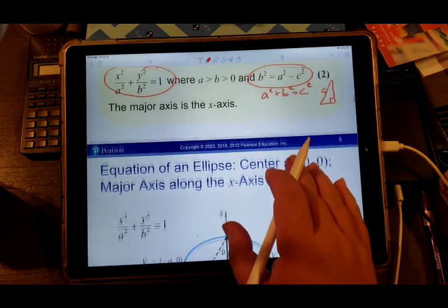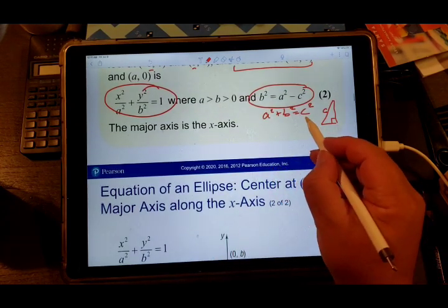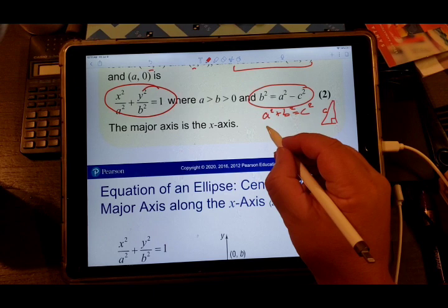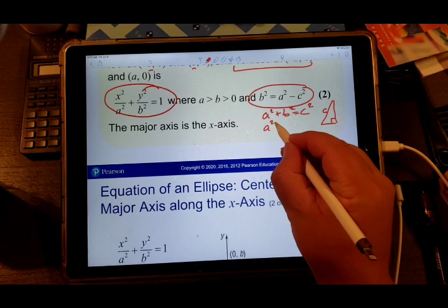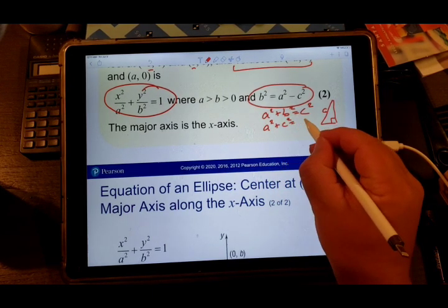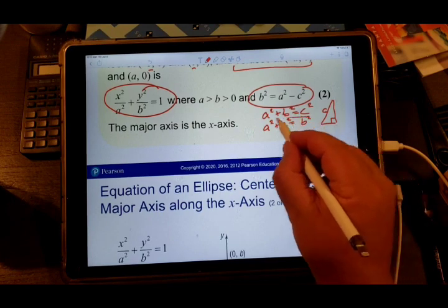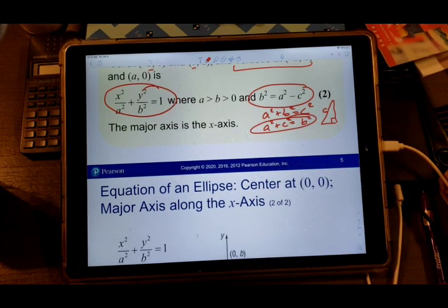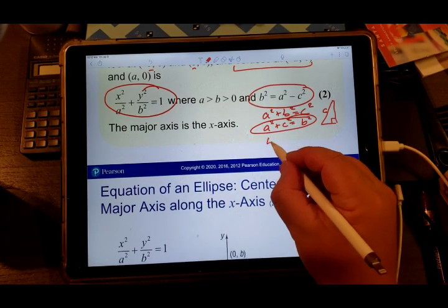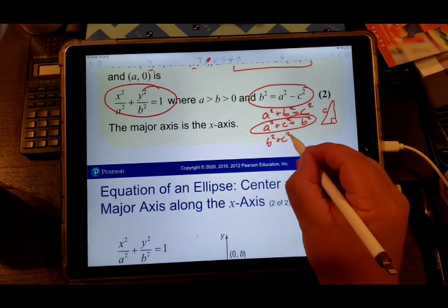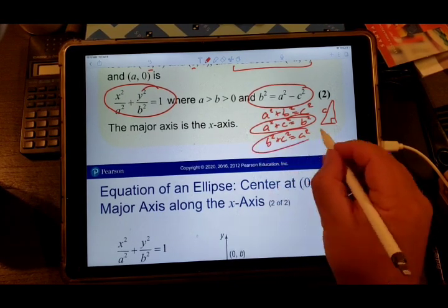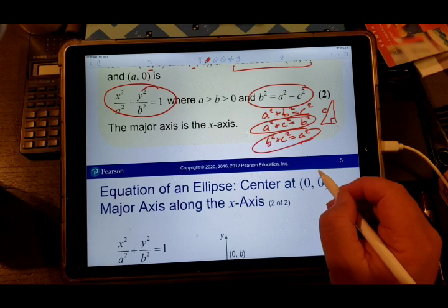So why do I say it that way? Well, the biggest one goes there. So I could have a squared plus c squared equals b squared if b is the largest one. But I could also have b squared plus c squared equals a squared if a is the largest one.